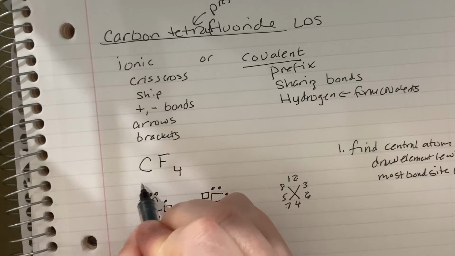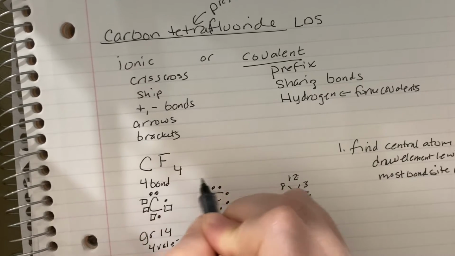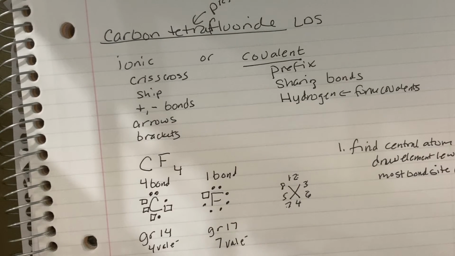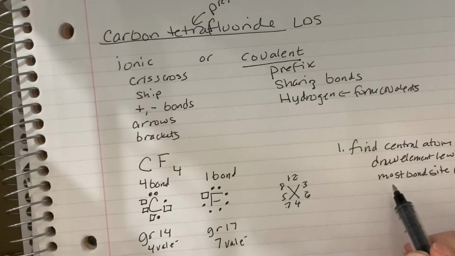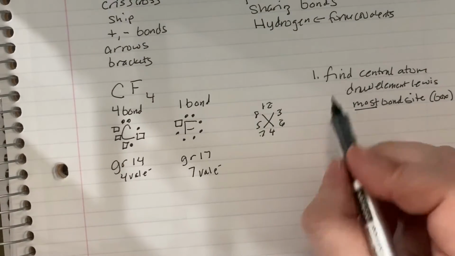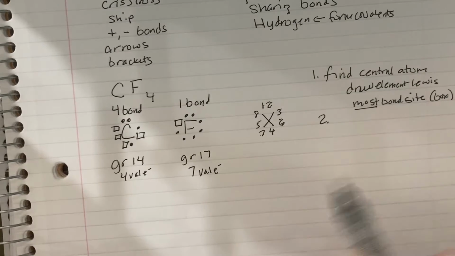So he has 4 bonding sites. Fluorine, 1 bonding site. Well, if I want the guy in the center to be who draws us all together, that's why he has to have the most bonding sites. So carbon's going to have the most bonding sites.